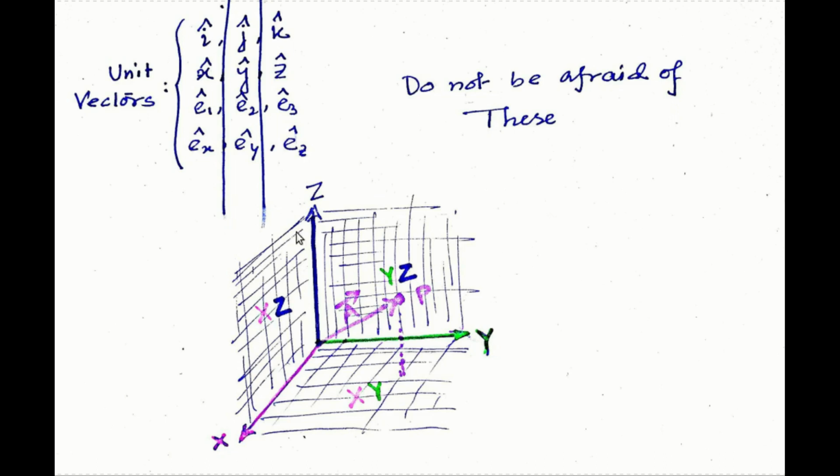So let's come to the three axis notation. We have mentioned the position vector p with respect to the origin, and we have written that position vector as a. So how do we denote a vector using the unit vectors? We will come to the vector notations using the unit vectors.